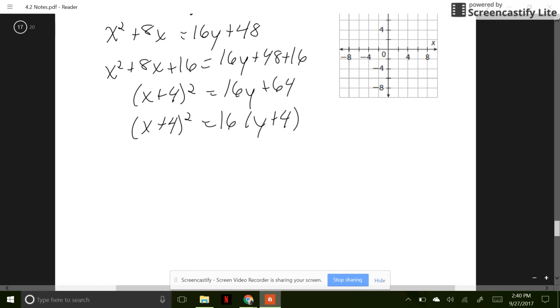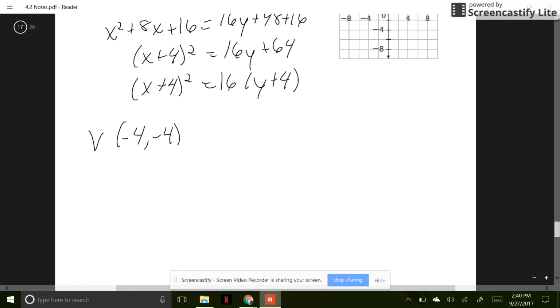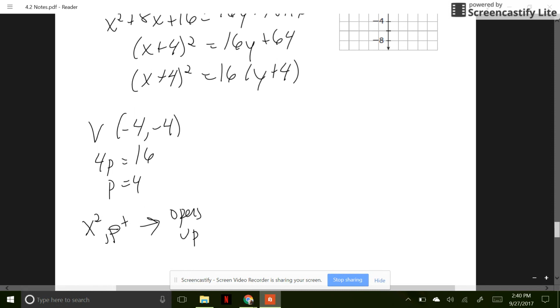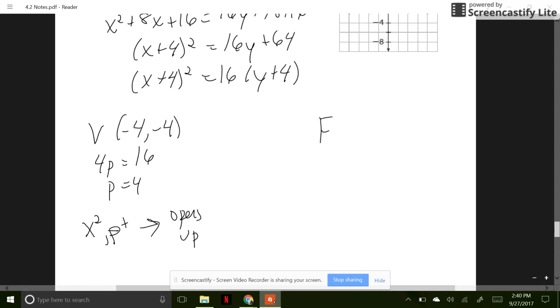So now we analyze. So our vertex is going to be at -4, -4. We know that 4p is 16, so p is 4. Now we notice our x terms are squared and our p is positive, so that's telling us it's opening up. So for opening up, our focus should be p terms up, so that would be at -4, 0.